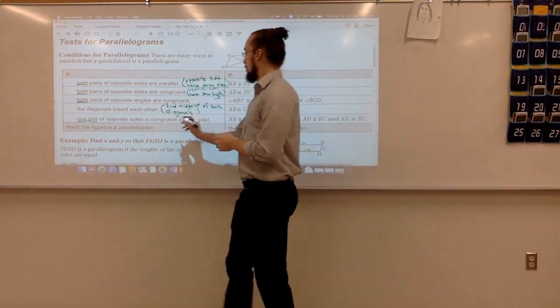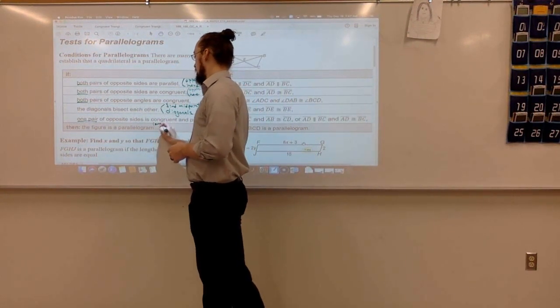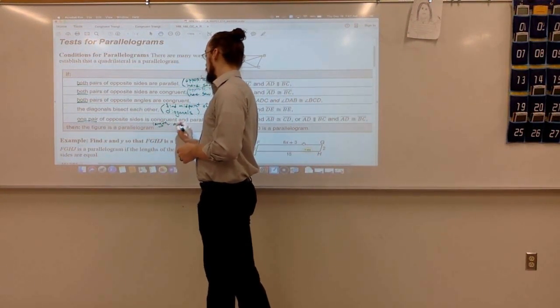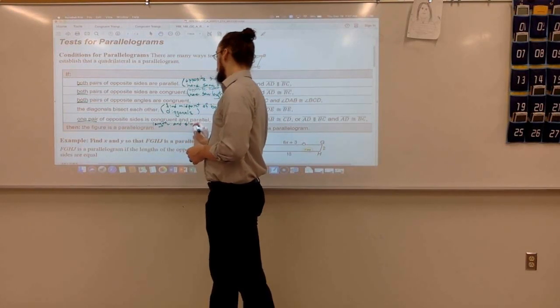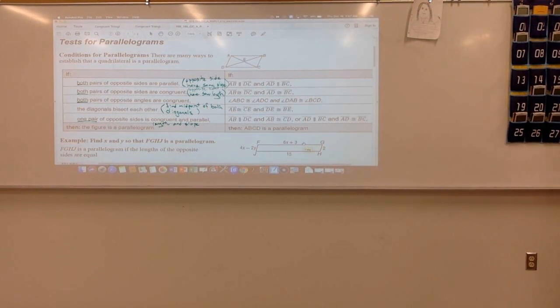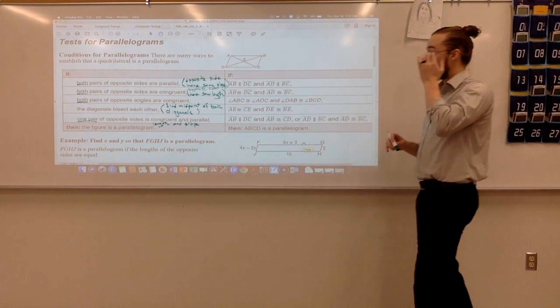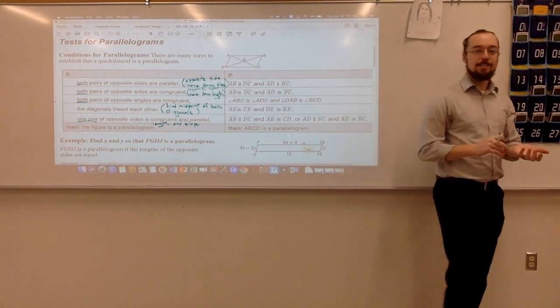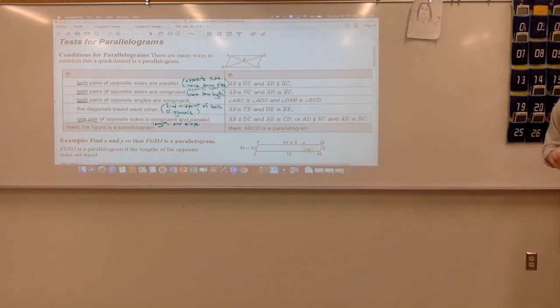So find the length and slope of one pair of sides. So hopefully we're jotting this down so that we have this to reference back to.